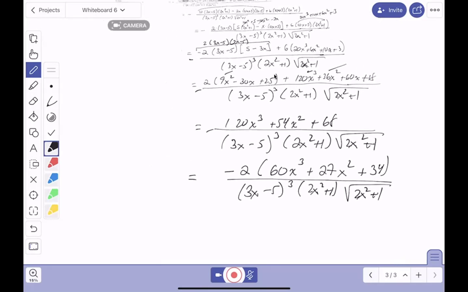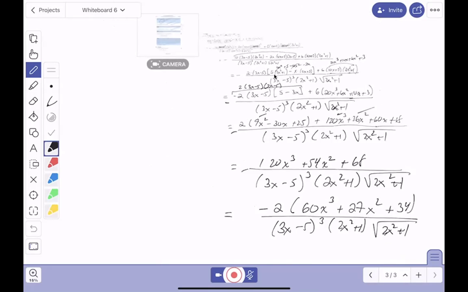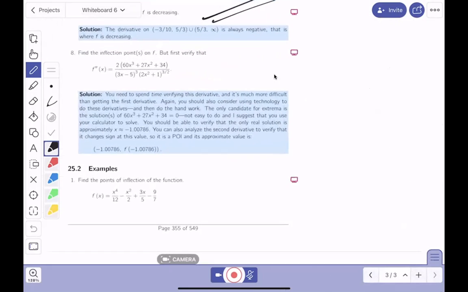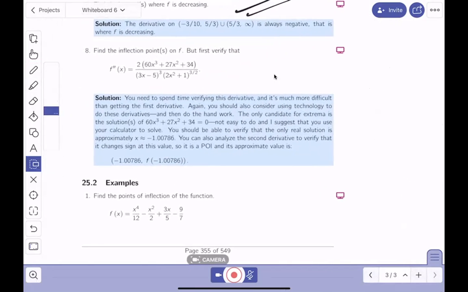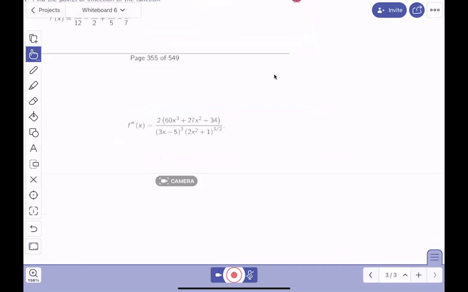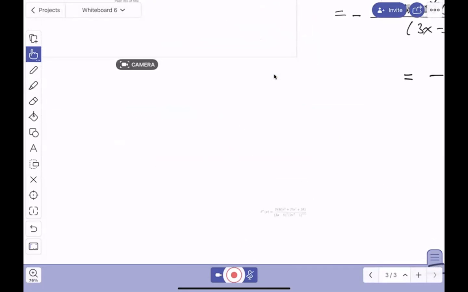Someone says, that was so much work. Look at all that work. Let's see if we got the right answer, though. I'm going to copy. Where was that?